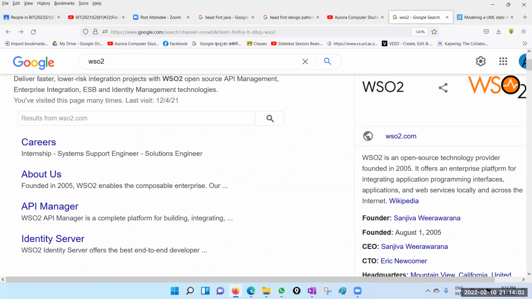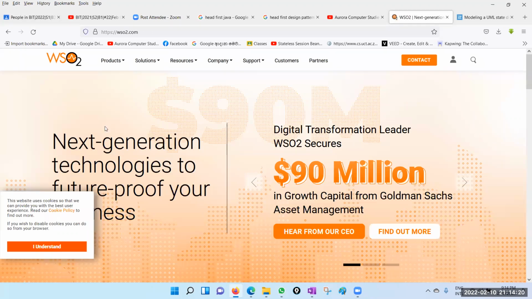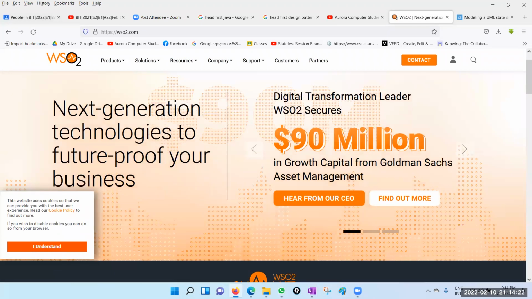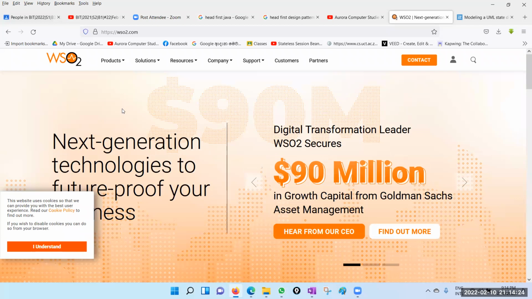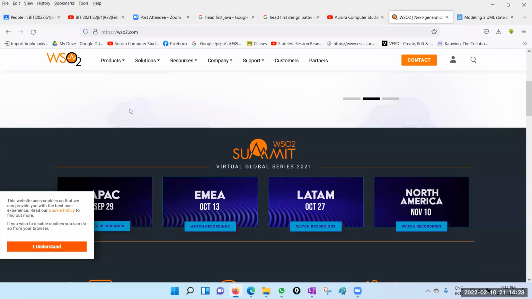It offers an enterprise platform for integration, application programming interfaces, and web services locally and across the internet. So very clearly you can see that it's an open source business, and they are making a lot of profit out of that business.